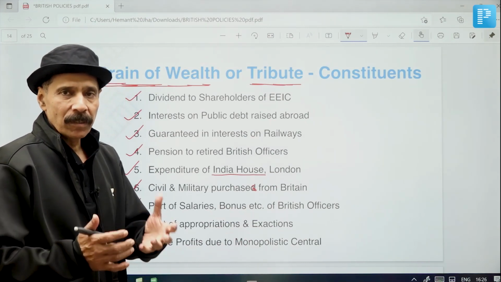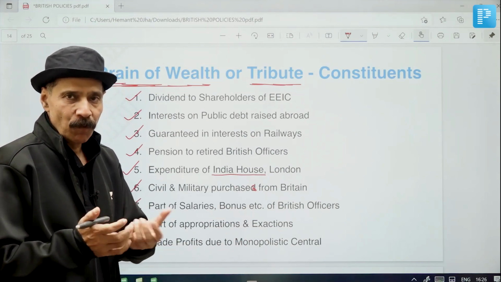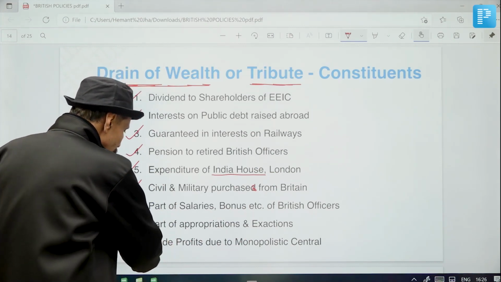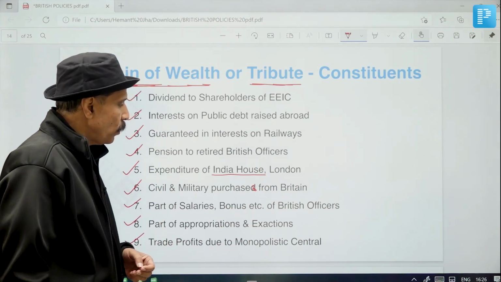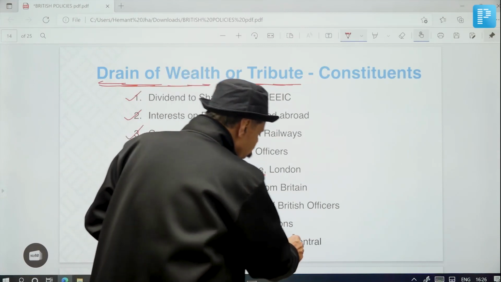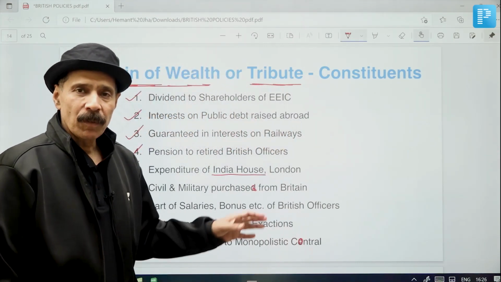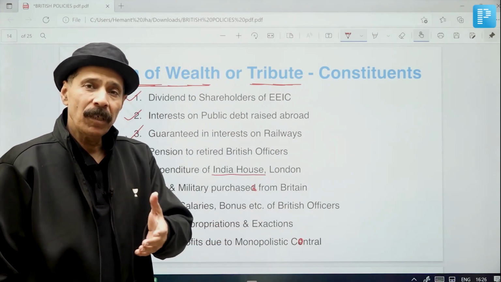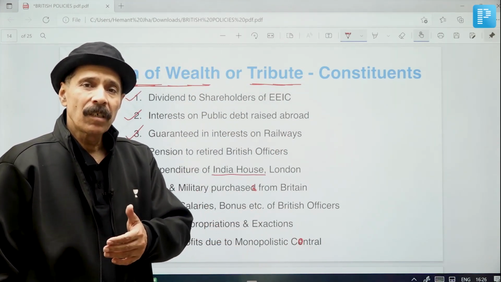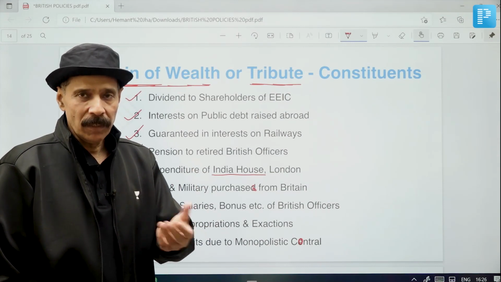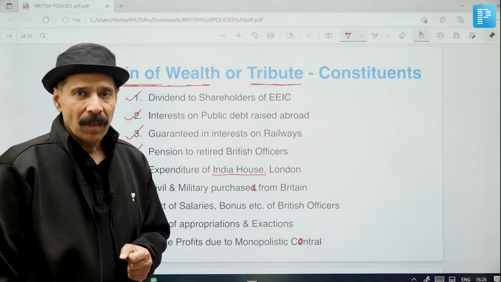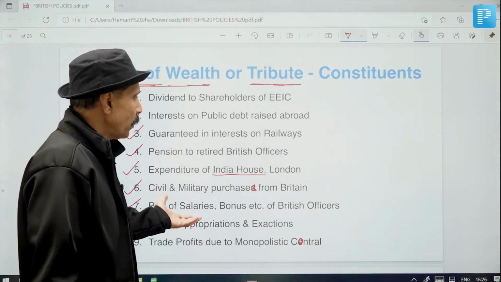I mean, what the British appropriated from India in different forms. And last is trade profits due to monopolistic control. So these were the major constituents. Question could be, which of the following is the constituent of drain? So any of these is correct.